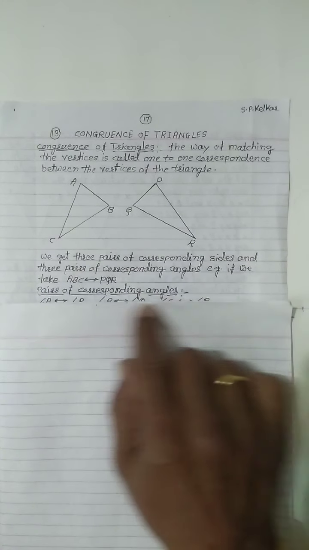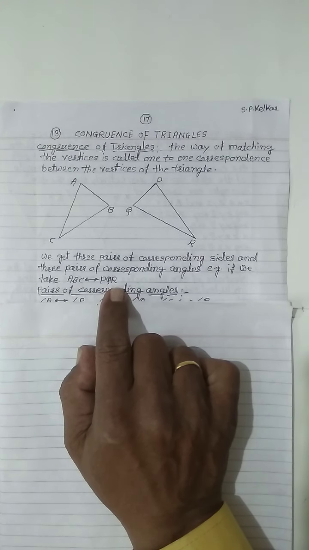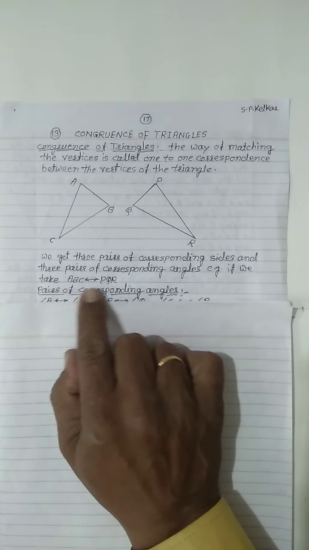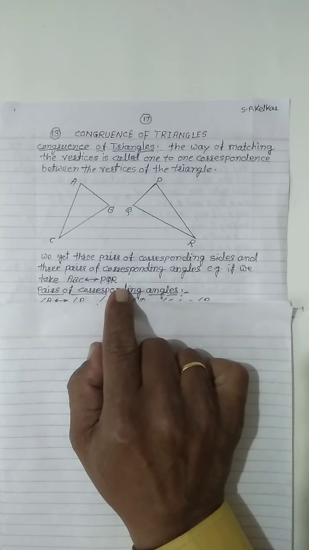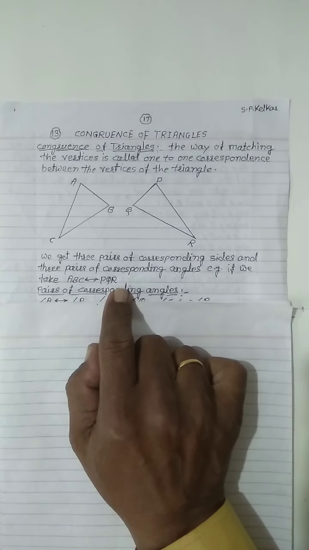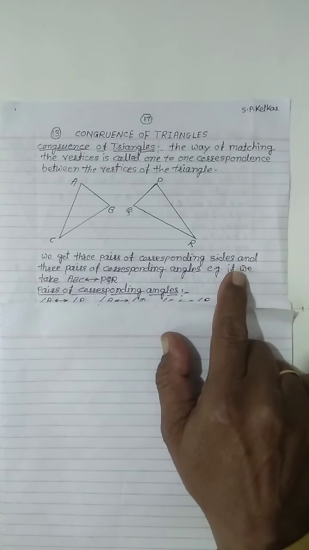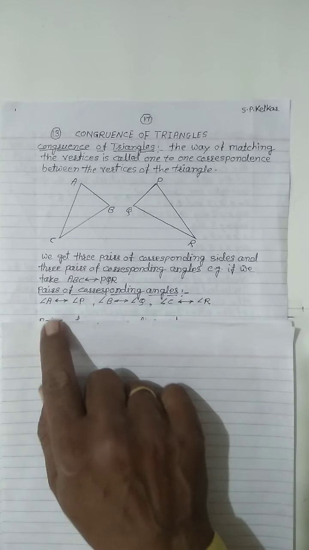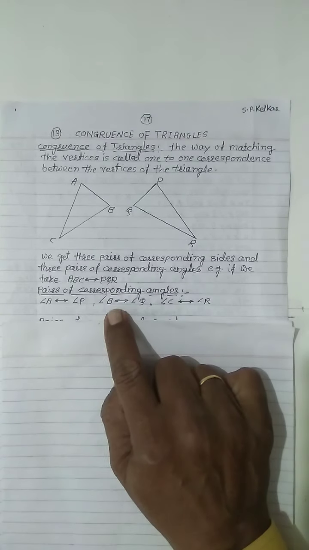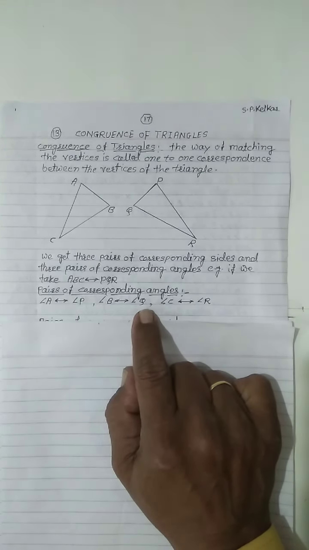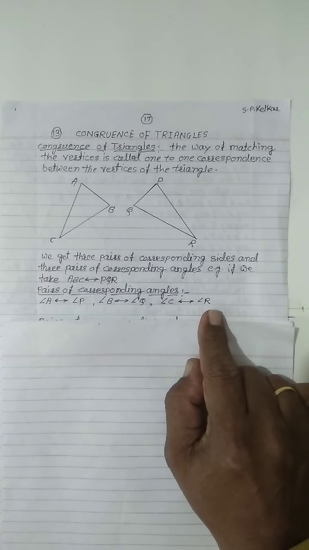For example, if we take ABC one-to-one correspondence PQR, A matches with P, B matches with Q and C matches with R. Then we write down the three pairs of corresponding angles and the three pairs of corresponding sides. Angle A corresponds with angle P, angle B with angle Q, angle C with angle R.